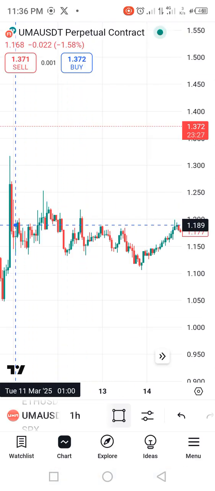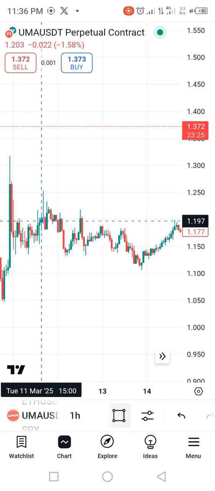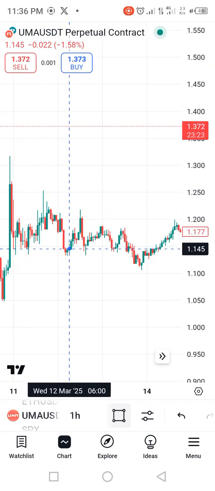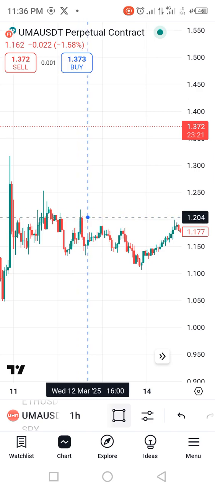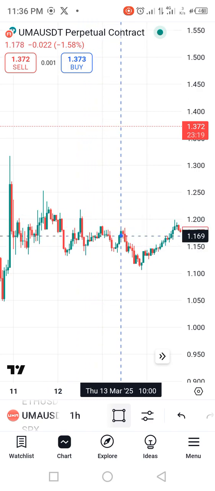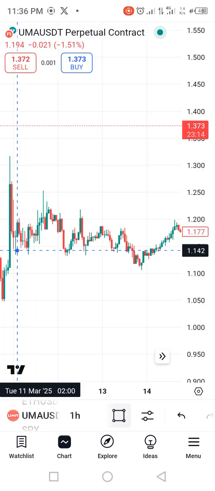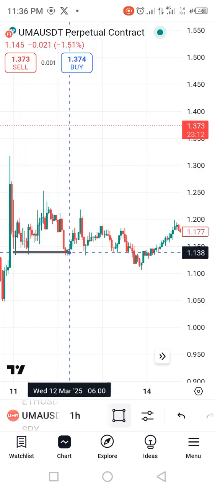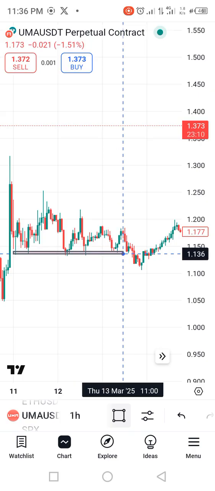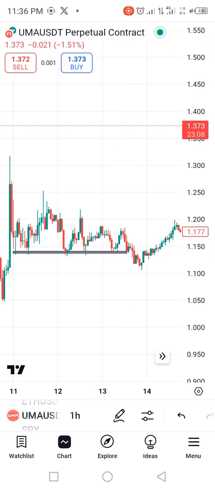You can see price started ranging from here, making equal lows and equal highs. This is the accumulation phase. Now, let me draw the support line. Can you see it?